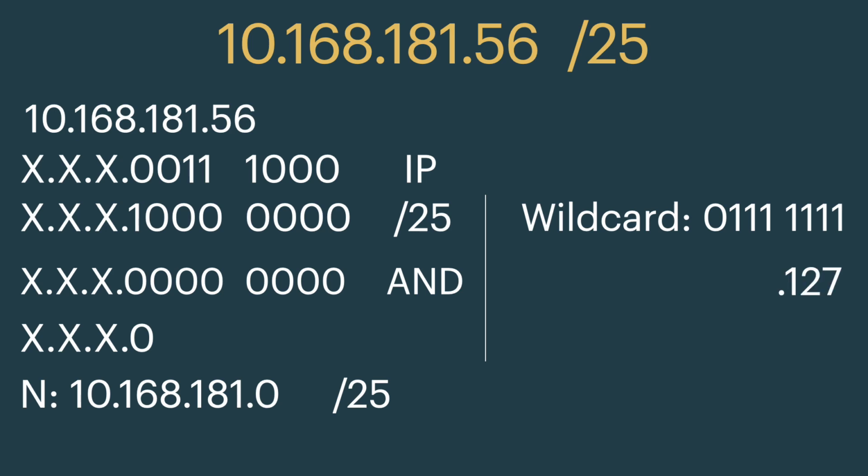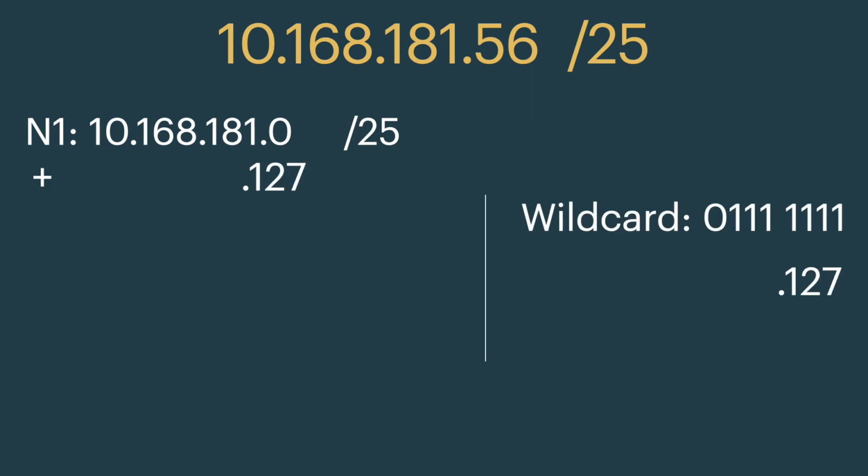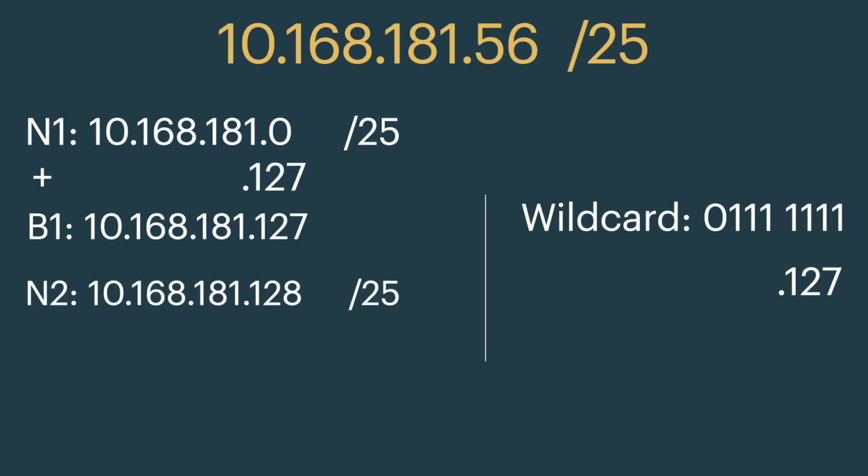We translate the wildcard to decimal, and we add the network plus the wildcard, and it's going to give us the broadcast address. So now we have the network baseline plus the wildcard. We get the broadcast address, and +1 is going to give us the next network. And this is a very simple one, because the last option that we have is the broadcast, which is 255.